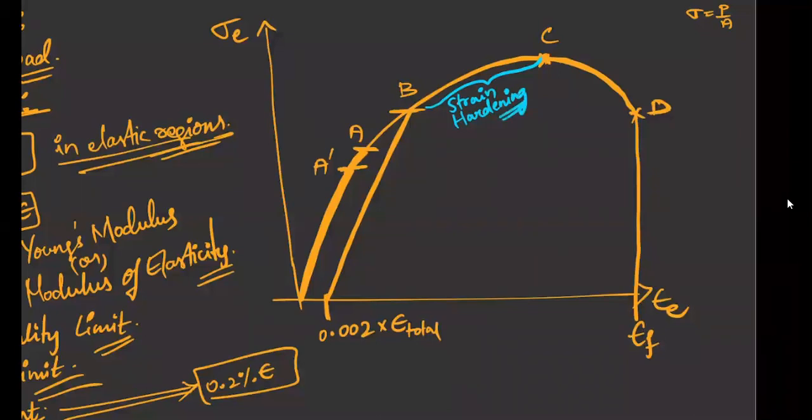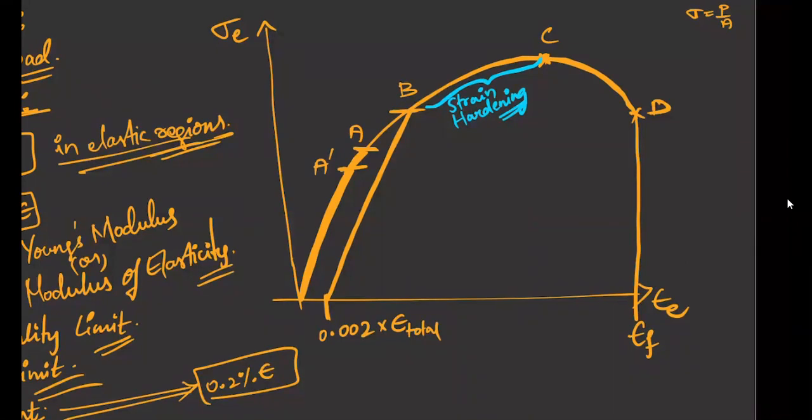Strain hardening is nothing but an increase in the stress value because of the previous plastic deformation taking place. That means if you have some plastic deformation induced in the body, because of that, the stress required for my total deformation increases.